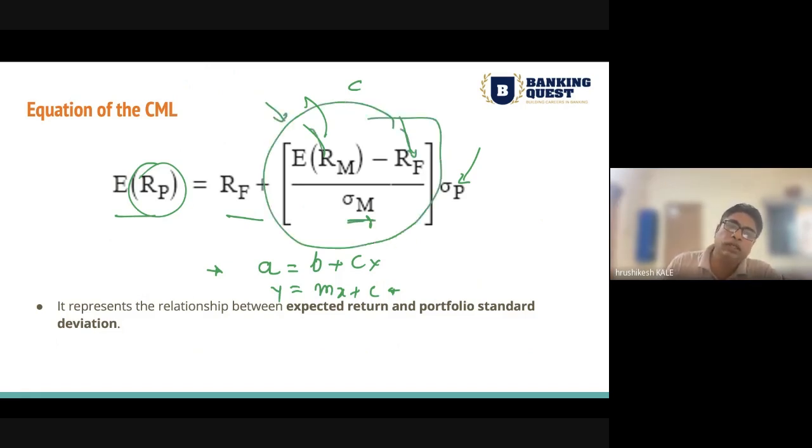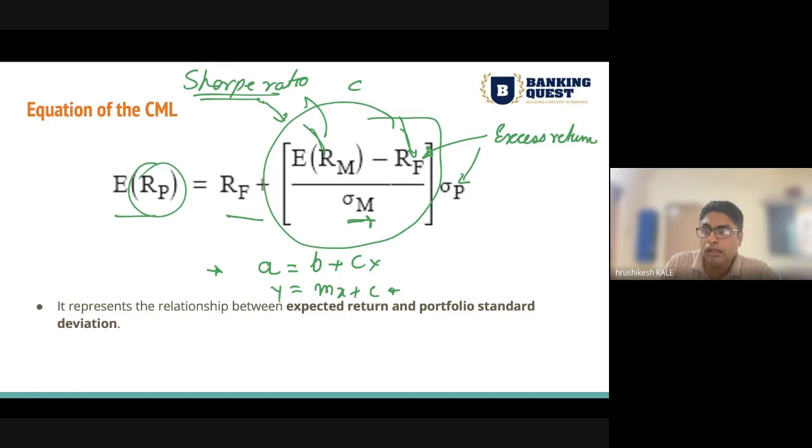So this expected return of market minus risk-free rate upon standard deviation of market, this is nothing but the Sharpe ratio. Now, what is this Sharpe ratio? The Sharpe ratio tells us how much excess return you are generating by taking 1 unit of market risk. So for 1 unit of market risk, how much excess return you are generating, that is given by the Sharpe ratio.